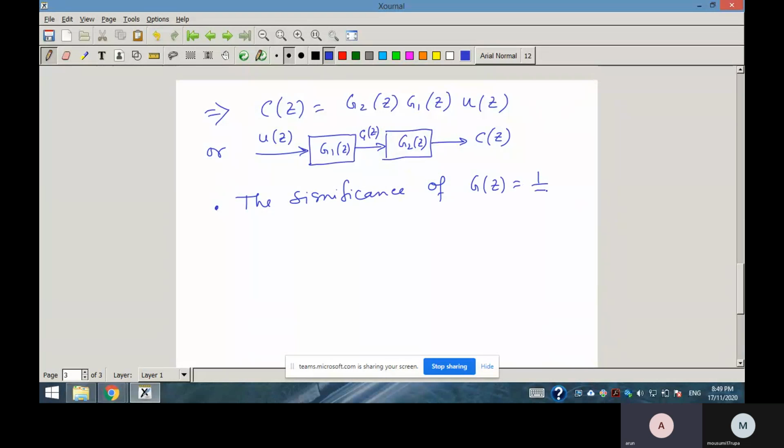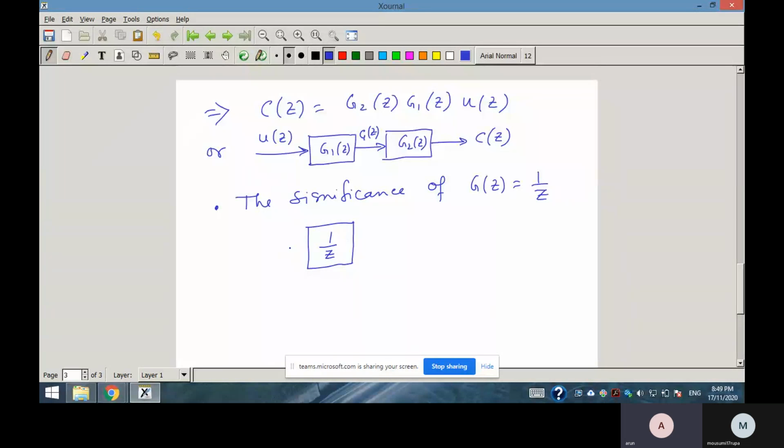Every time we implement a general transfer function GZ using a block diagram, we use 1 by Z.